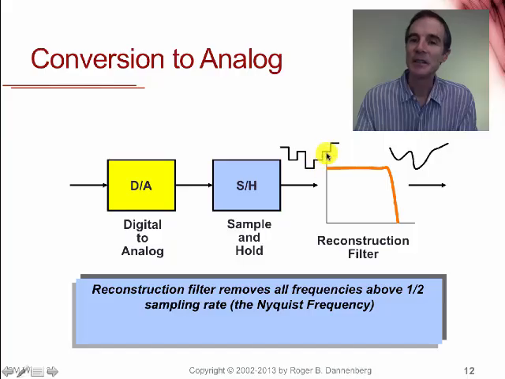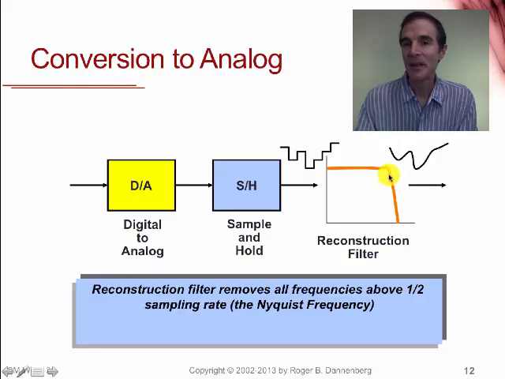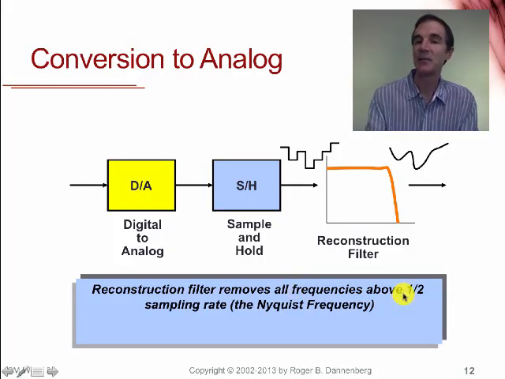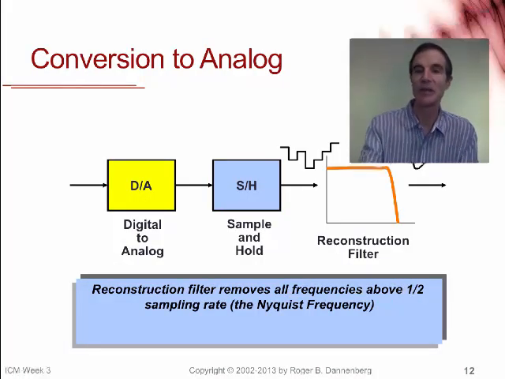Anyway, this stair-steppy signal goes into what's called a reconstruction filter that removes all the high frequencies, which smooths it out, and we get the original signal back. So the reconstruction filter is removing all the frequencies above half the sample rate, again, the Nyquist frequency.